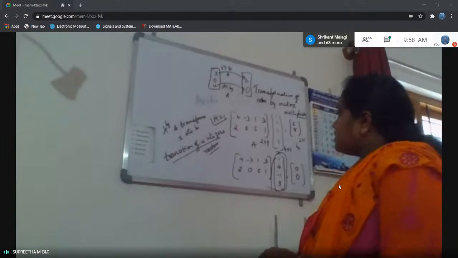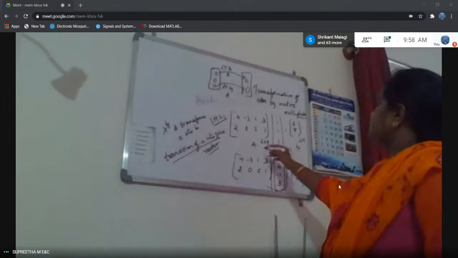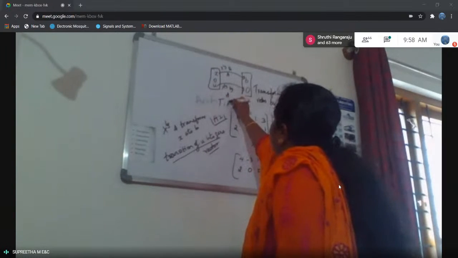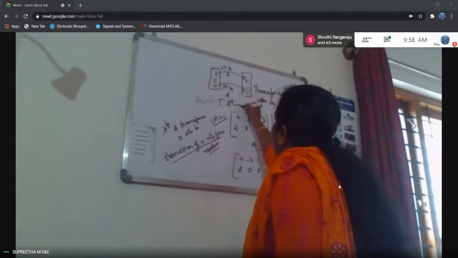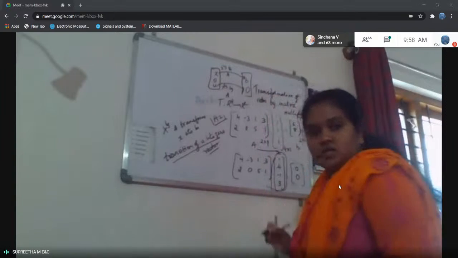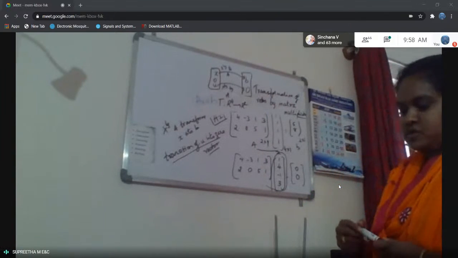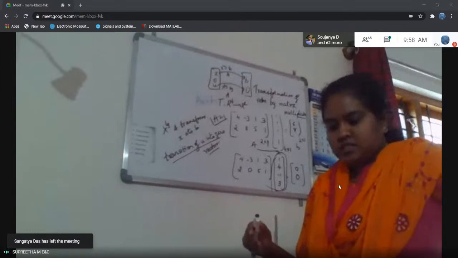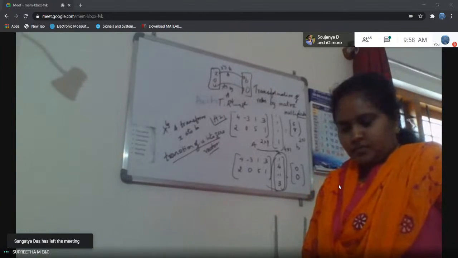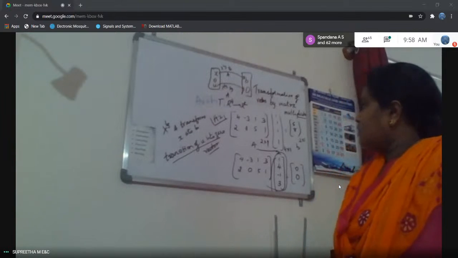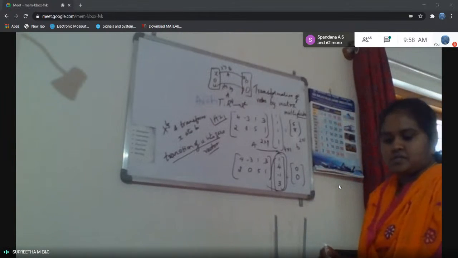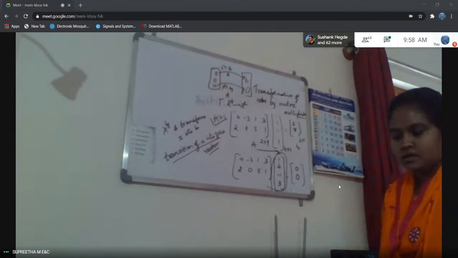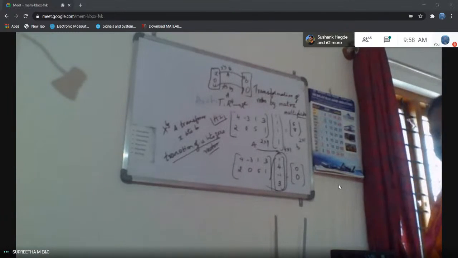Now, can you define the transformation for this operation? I'm going from a 4-dimensional space to a 2-dimensional space. Right? Where your 4-dimensional space is the domain and your 2-dimensional space is the range.